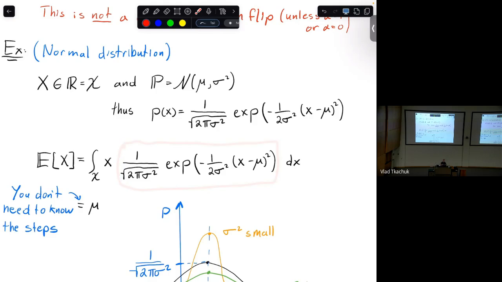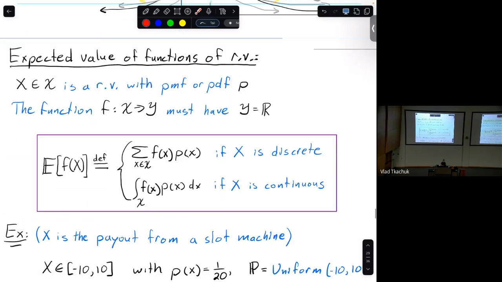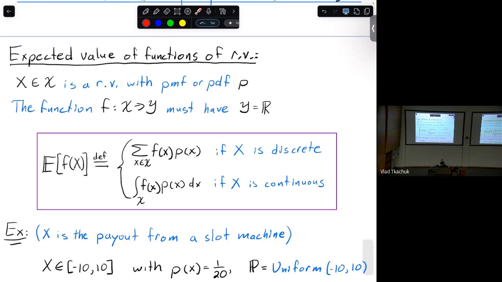You solve that integral, you get exactly mu. You don't need to calculate this, but that's what you should know. So this is the first parameter in a normal distribution. Okay, that's all you need to know for the normal distribution. Are there any questions about that before a few more steps on this?